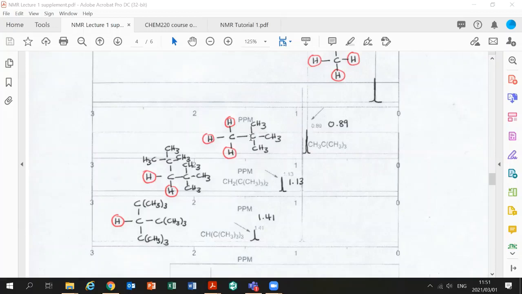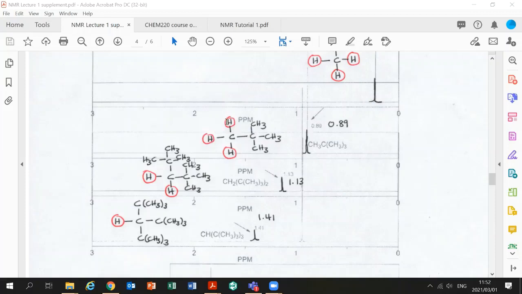This electronegative carbon, in relation to this hydrogen, takes electron density away from these hydrogens. So if one carbon's electronegative, it takes electron density away from these hydrogens. Can you see the effect it's having? It's moving the signal from there to there. They're experiencing more of an effective magnetic field. That's why the signal moves from there to there.